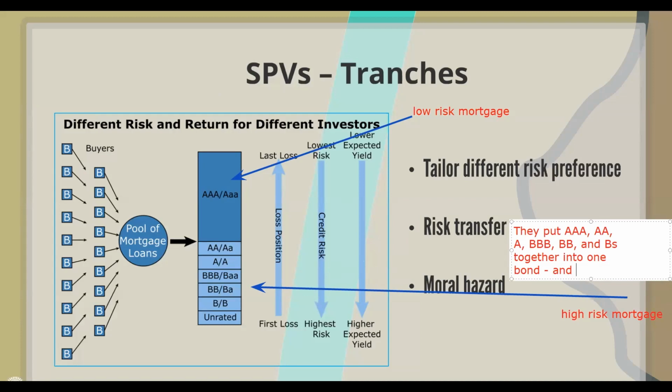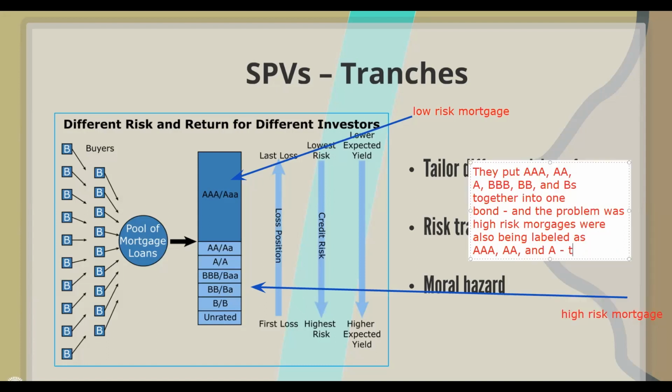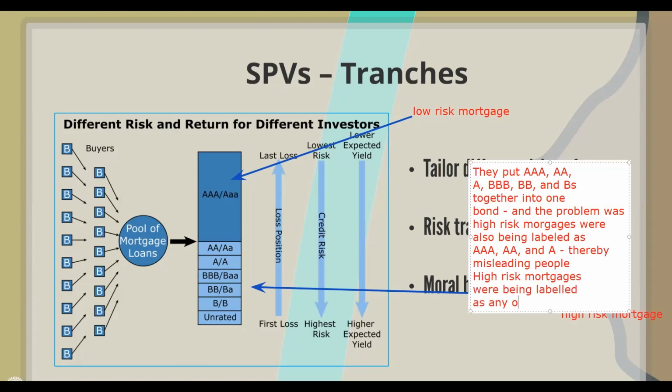And the problem was high risk mortgages were also being labeled as AAA, AA, and A, thereby misleading people. So high risk mortgages were being labeled as any of these ratings.